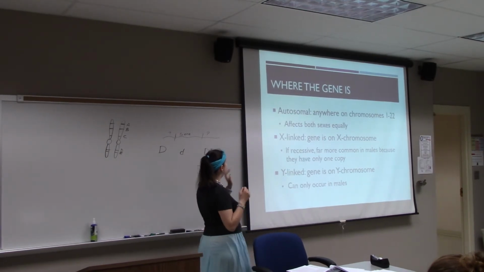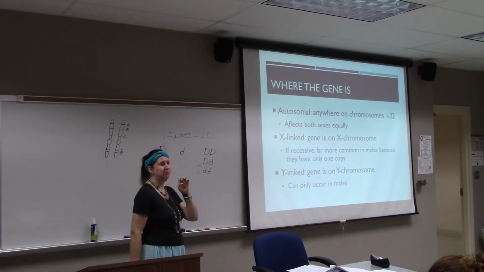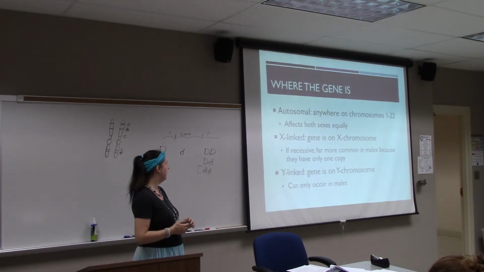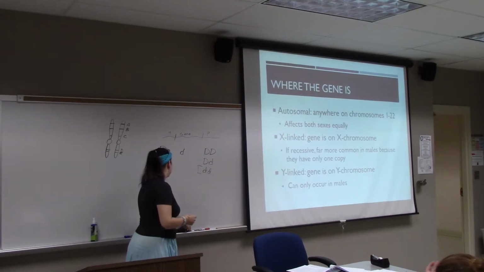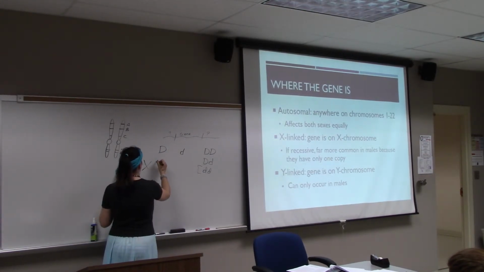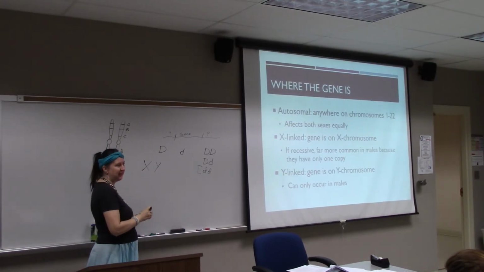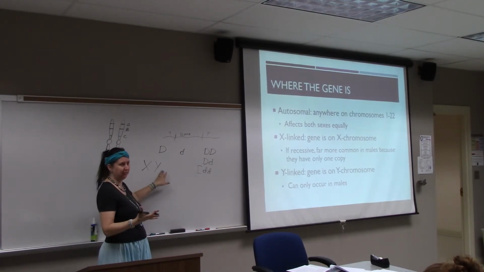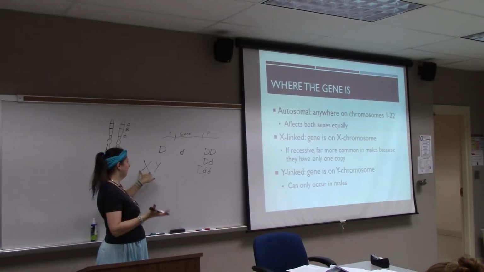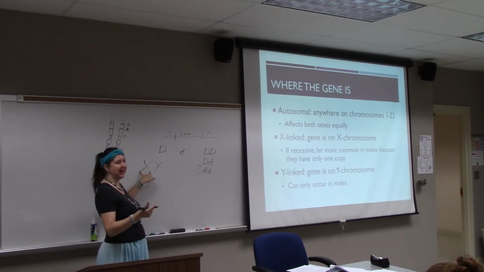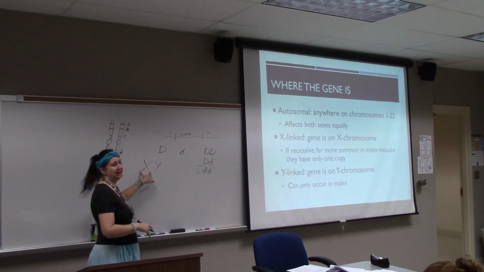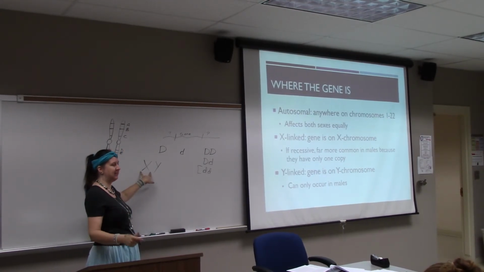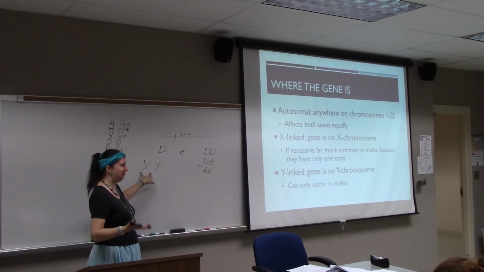For a recessive phenotype, that's more likely to show up in males because they only get one copy of the gene. They get an X and a Y, and most of the genes on the X don't have a match on the Y. So if you get one copy of a recessive allele and you're male, and you don't have anything else to go with it, then you have the recessive phenotype.